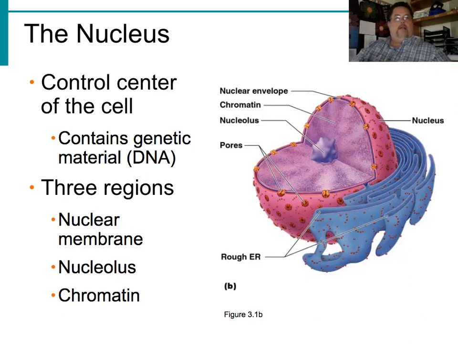That would be for another class, so don't get too bent out of shape on that. But that would lead through these nuclear pores. The nuclear pores, again, are like doors, channels made up of proteins that allow for these messages to leave.